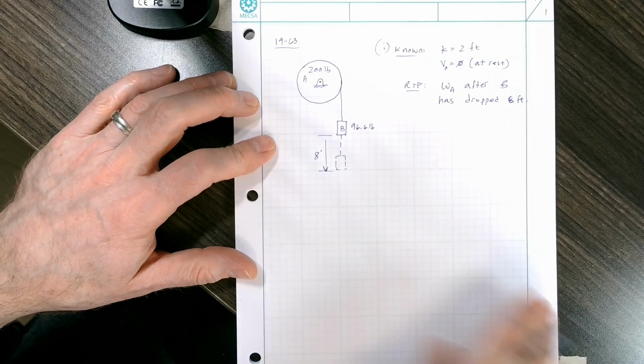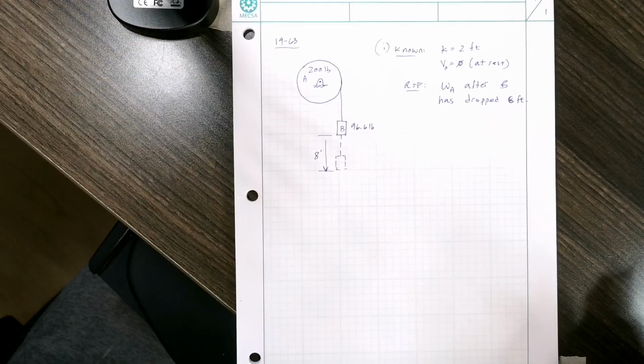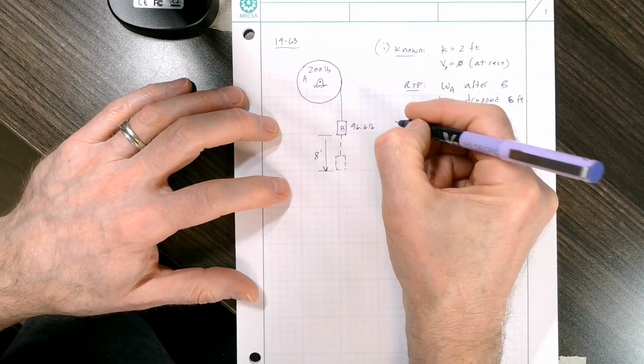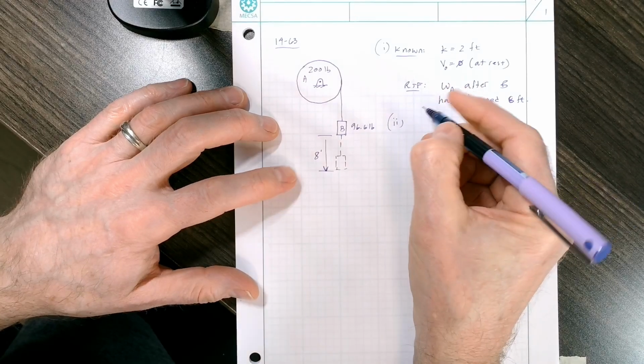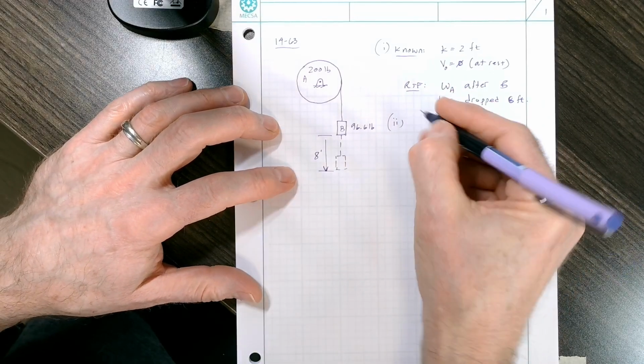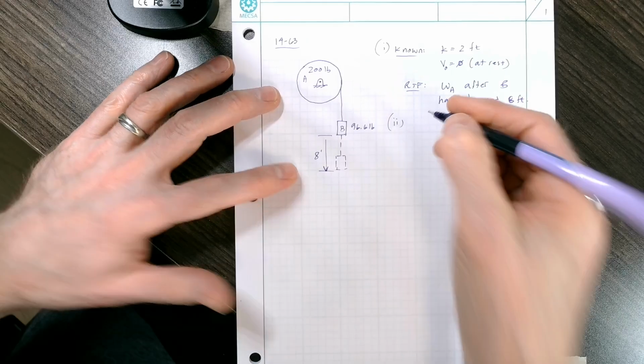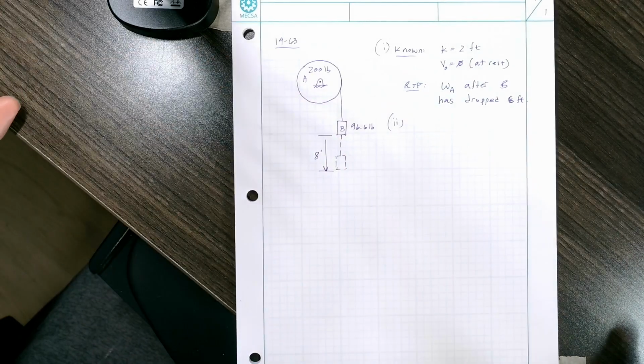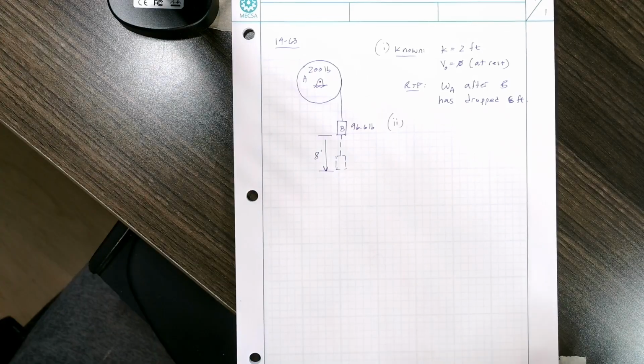All right, so obviously potential energy is happening here. Let's make a little list. It's an energy balance. You have energy to begin with, and it can't be destroyed or created, so you have the same amount of energy at the end.